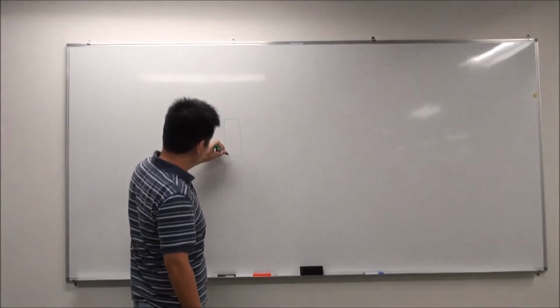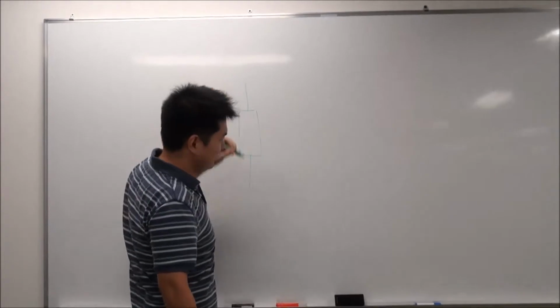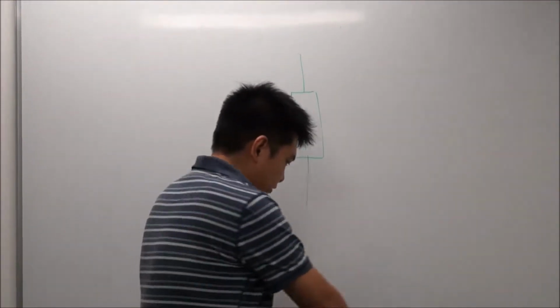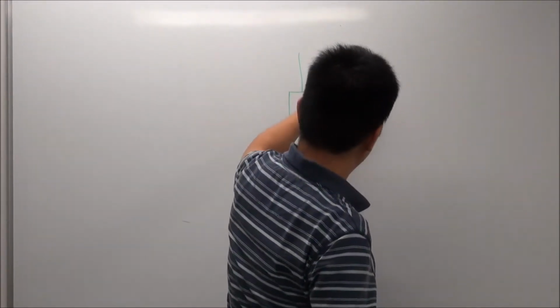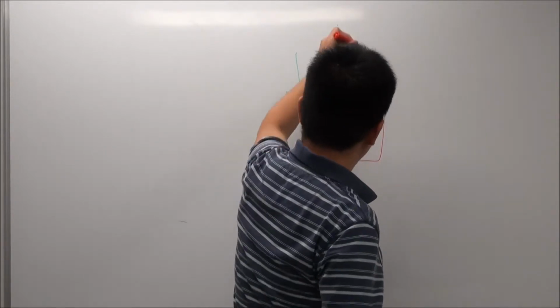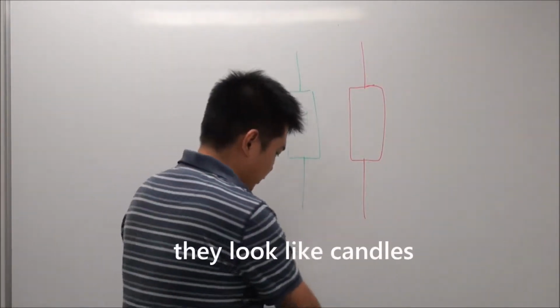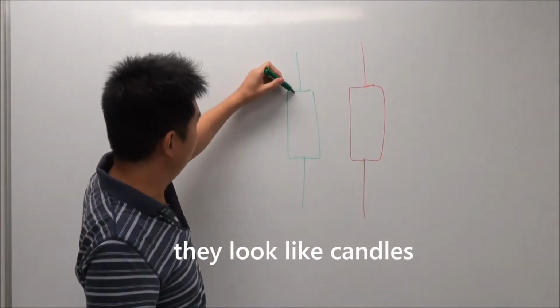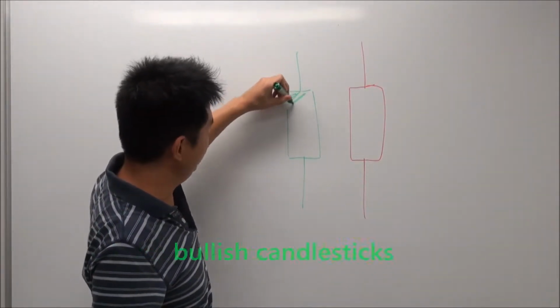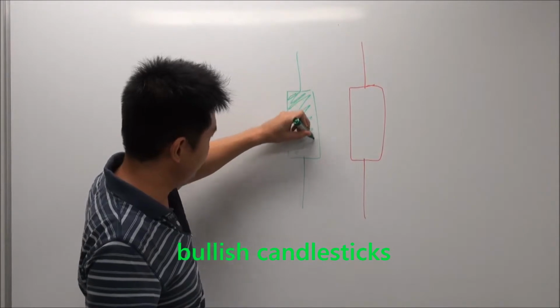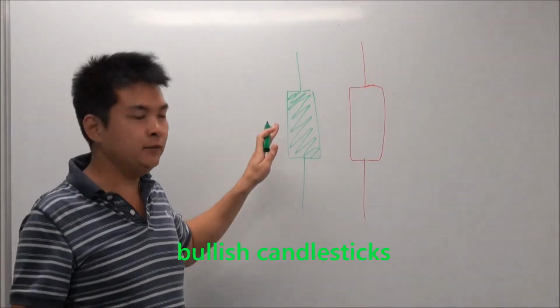So what are candlesticks? Candlesticks are things like this. And they're called candlesticks because they look like candles. Basically we have two kinds of candlesticks. We have bullish candlesticks that I'm going to represent using green.